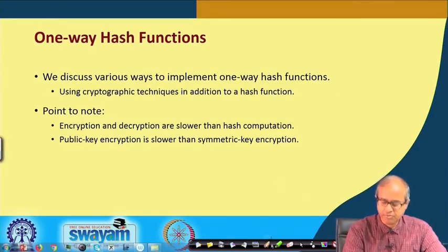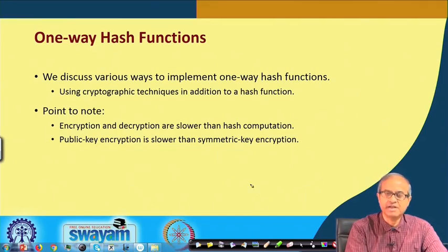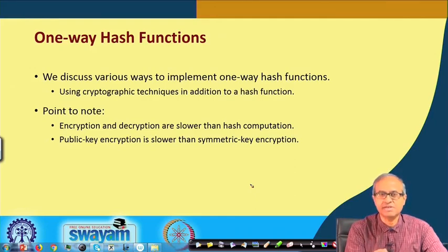Well, talking about one way hash functions here, we shall first look at different ways to implement it. We said that we can use some encryption or decryption algorithms to implement authentication. So, we shall look at that, and then even without encryption decryption methods.